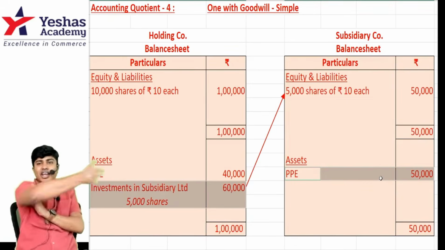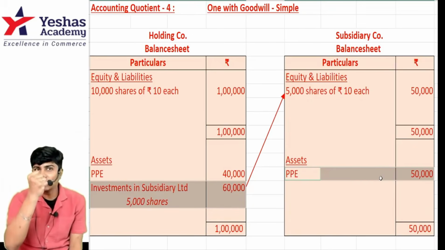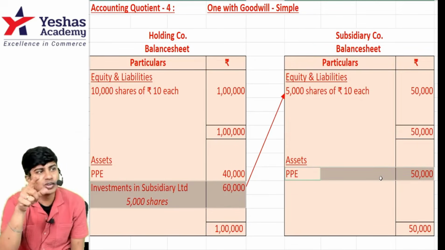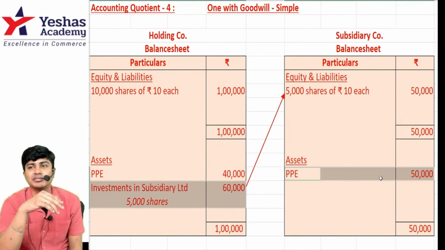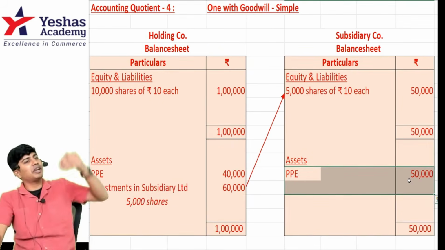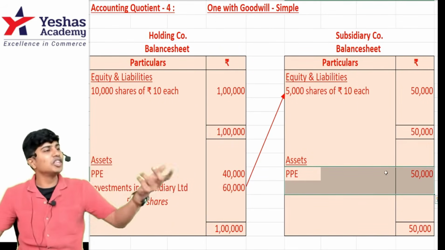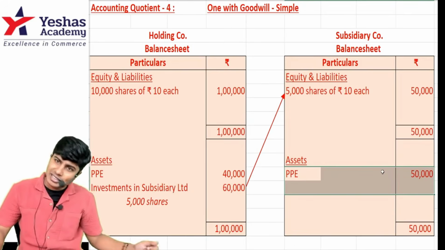If I paid 50 anywhere, I would have got assets. I paid 10,000 extra to get what? My interest is not just assets. My interest is control. You get the logic here? So cost of control is 10,000. I paid 60,000 to get 50,000 worth of assets. The 10,000 that I paid extra is cost of control in the form of goodwill. You understand this?